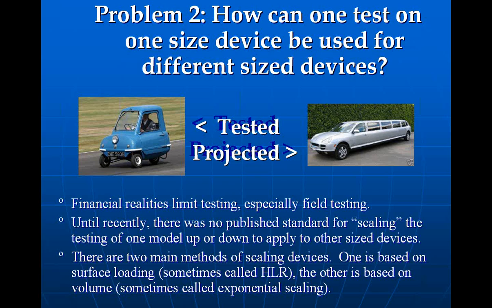Until recently, there wasn't a published standard for scaling, meaning you tested one, how do you scale the rest? I will tell you this, early on, a gentleman, Dr. Gary Minton, and by the way, we're going to take the list of people that have been in this seminar today and all of those this year. And at the end of the year, we're going to randomly select 2.